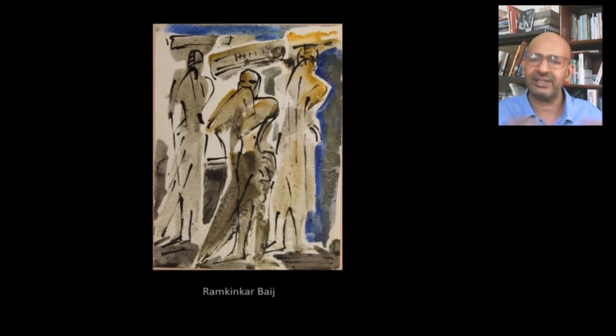So figuration from the 1940s, figuration is no more about a very realistic representation. It is all about a very imaginative representation of human figures. So it is not only on the basis of observation, there is a very obvious combination between observation and the artist's own imaginative mind.